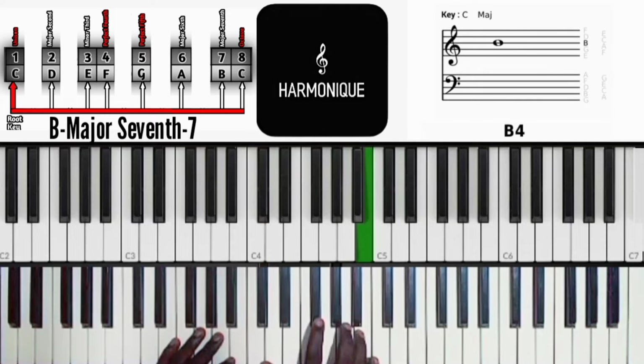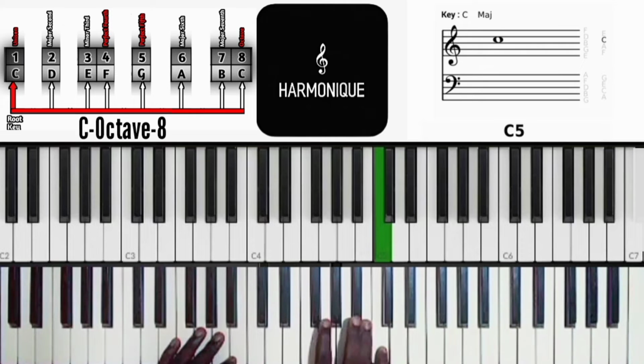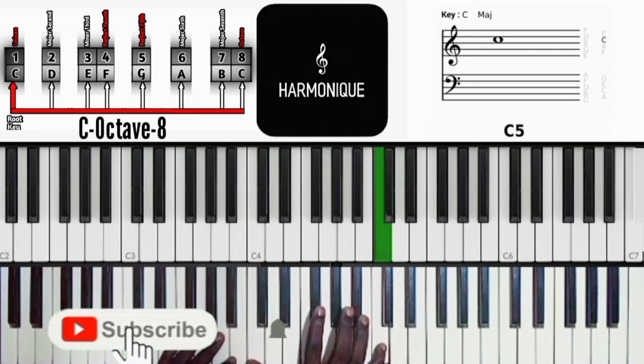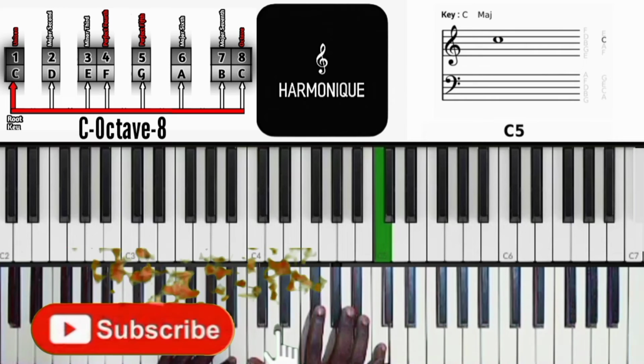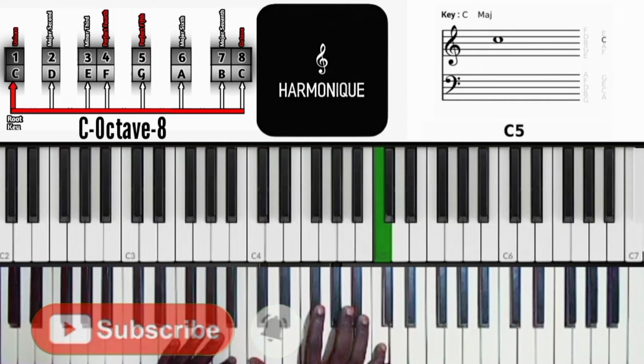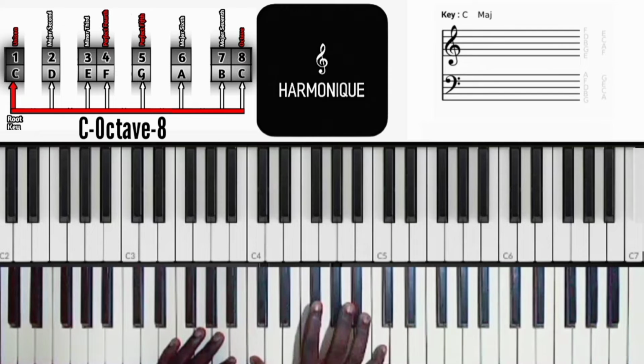B is at an interval or distance of a major seventh to C, which is represented numerically as 7. And finally, C, an octave up, is at an interval or distance of an octave from the root key, which is C, and is numerically represented as 8.